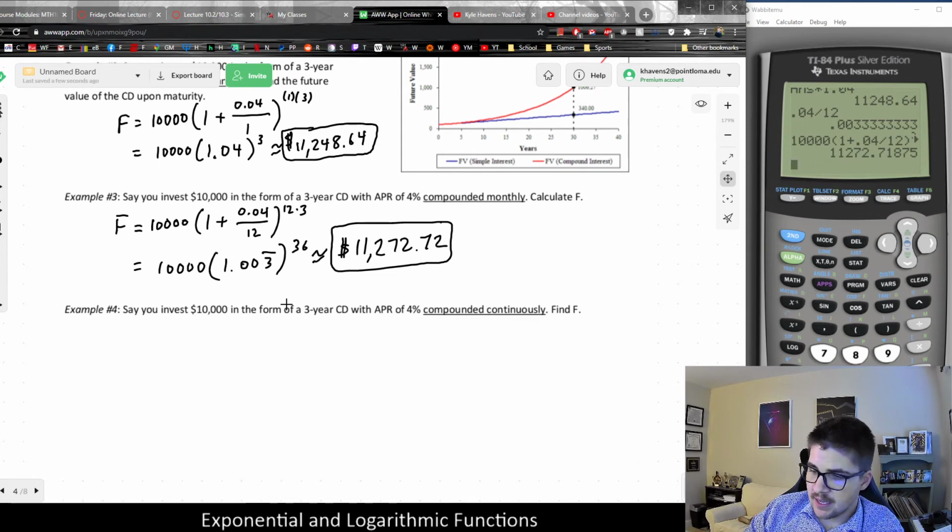But basically, we would just use that other formula, F is equal to P e to the r t, or Pert, which is kind of an easy way to remember it. Which would be my starting investment principal times e, which again is about 2.72, but I would just use the calculator for e because it's more accurate, and raise that to r, which is 0.04, times t, which is 3.